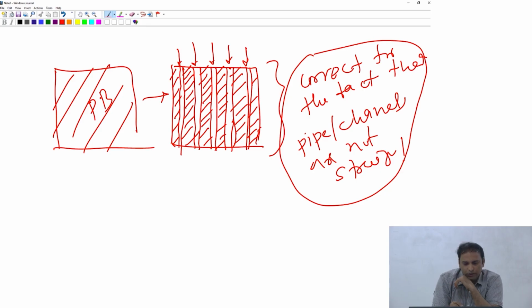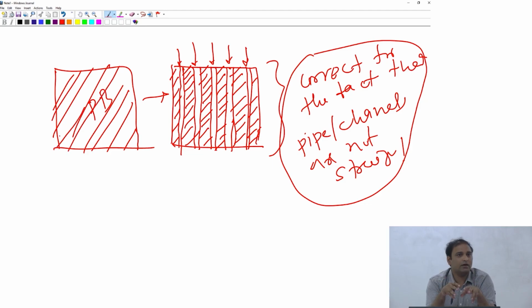Now whenever you want to do that, one of the concepts we are going to follow is to go back and look up what we have done in the previous lectures. Do you all remember this formula?